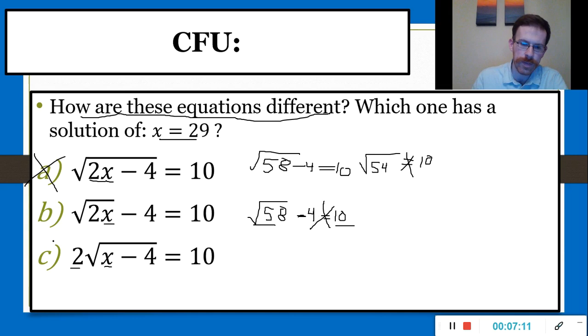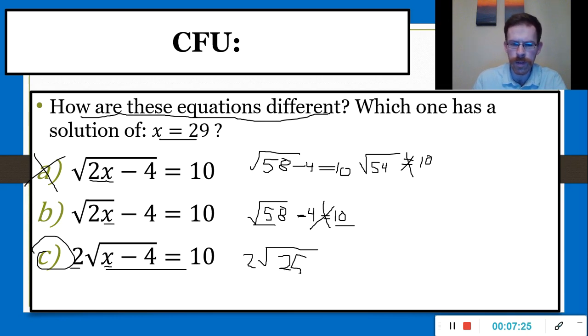And so by default, we'd want to say that it's got to be C. Well, let's double check it. What's 29 minus 4? Well, 29 minus 4 is 25.